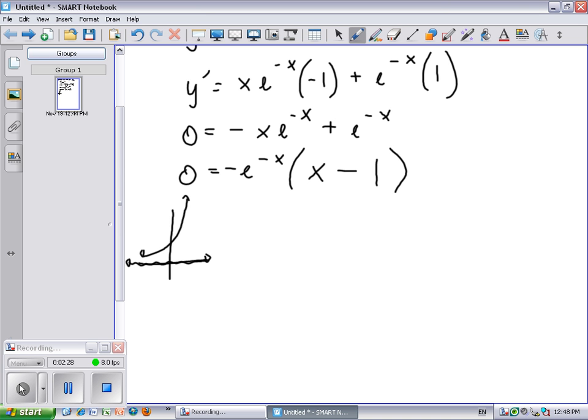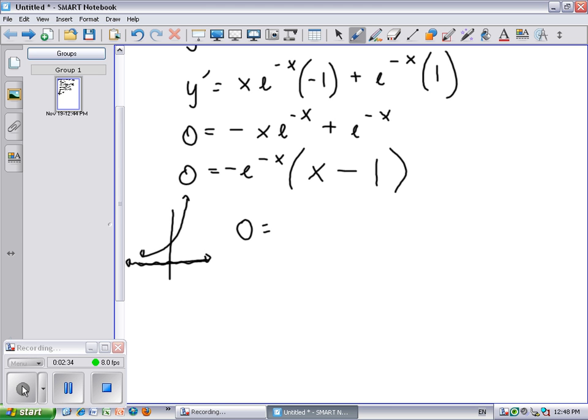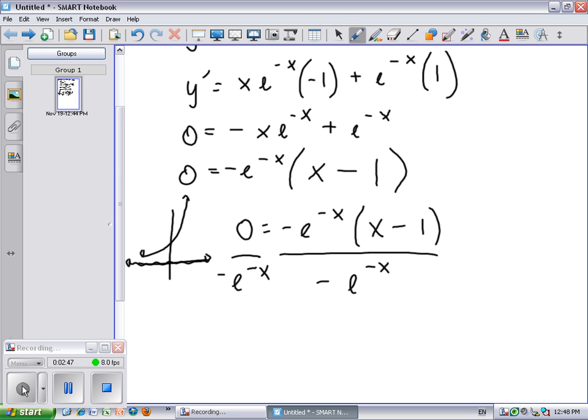So there are no roots. Some students like to look at it this way. You can divide both sides by that e to the negative x, as it does not contain any roots. So negative e to the negative x cancels, and that equals 0. So we have one stationary point at 1.